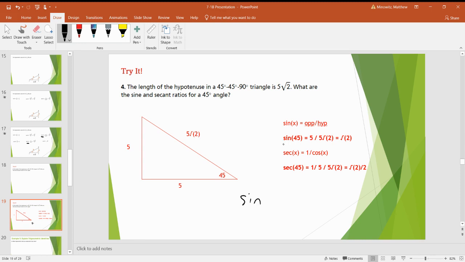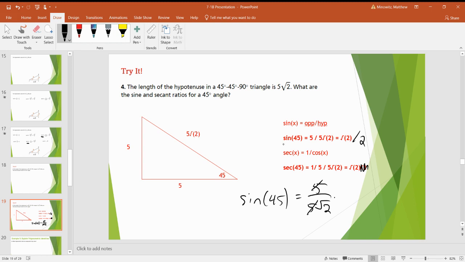So sine 45 equals opposite over hypotenuse. And those cancel out, and I multiply by root 2. So this should say root 2 over 2. Yeah, that's a Mr. Minowitz mistake. And then the secant should be the reciprocal, which is just root 2.